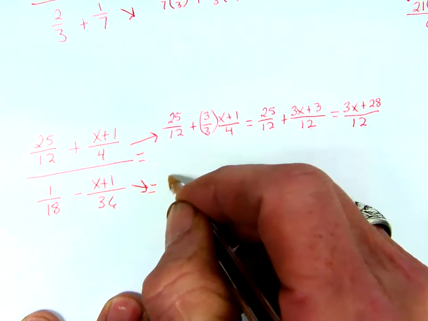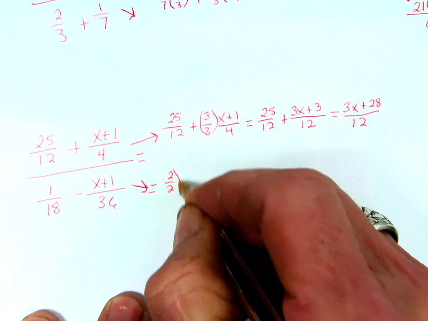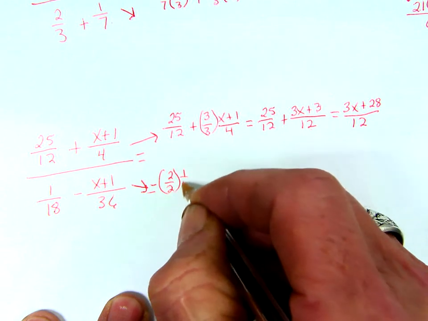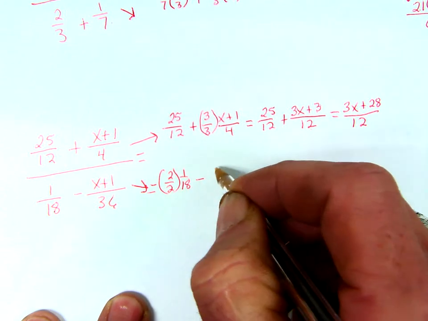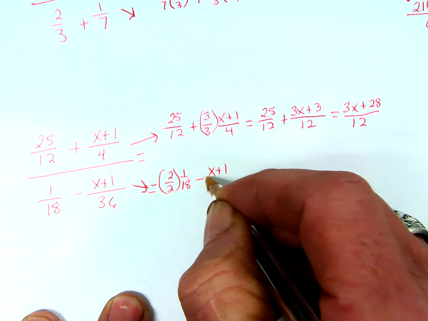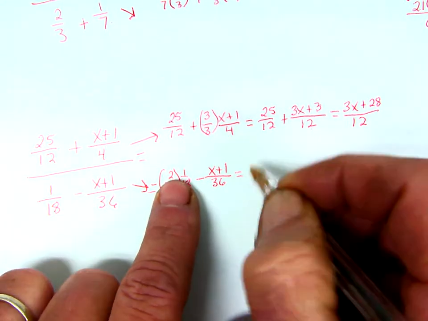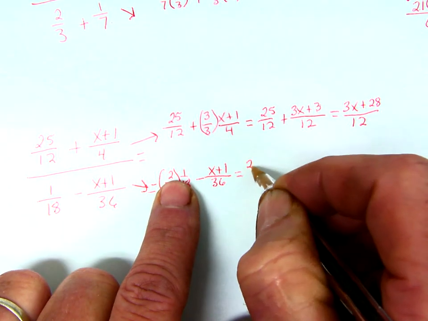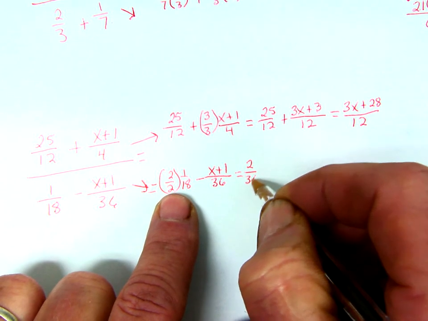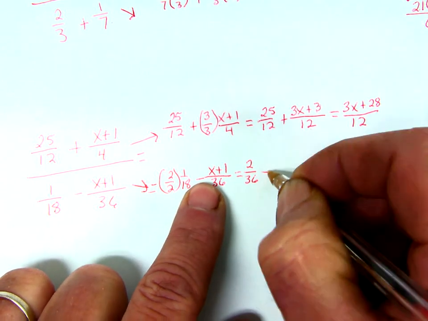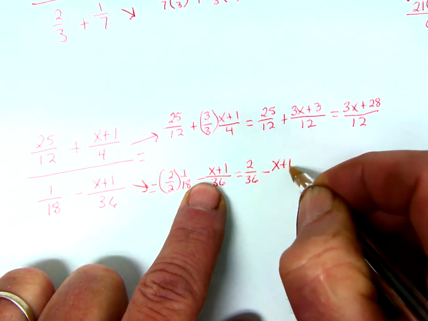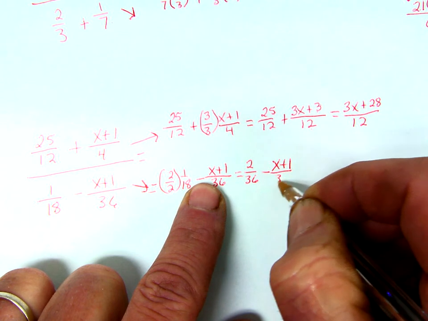So 2 over 2 times 1 over 18 minus x plus 1 over 36. When I do this multiplication, I get 2 over 36. Take away x plus 1 over 36.